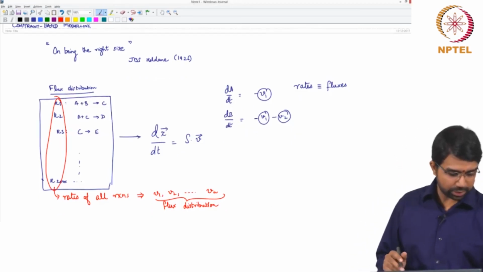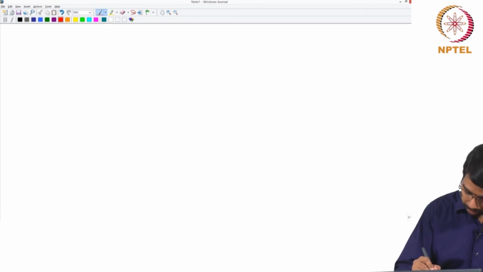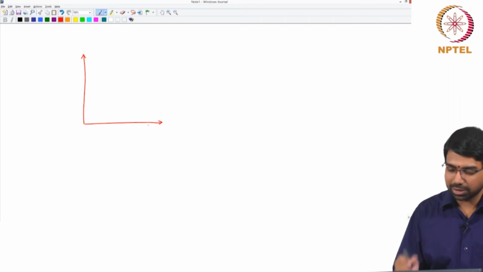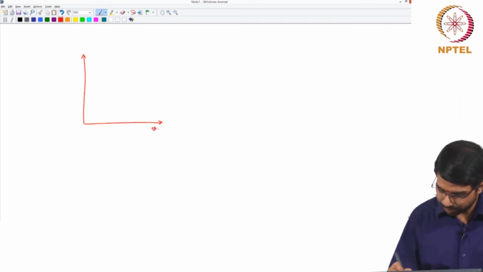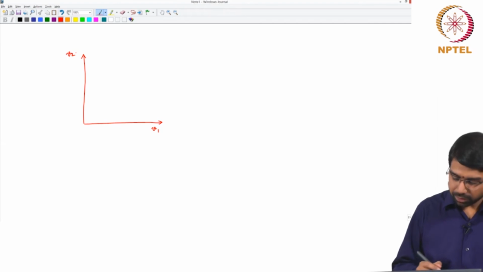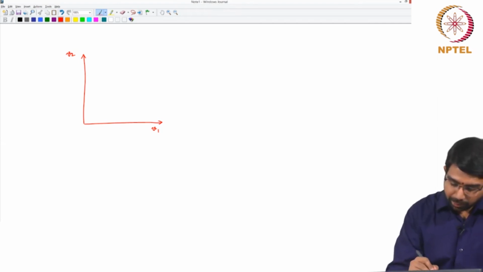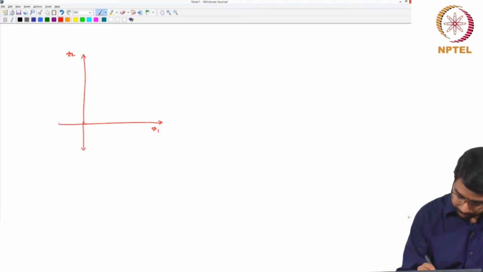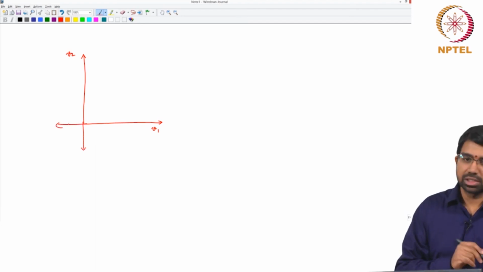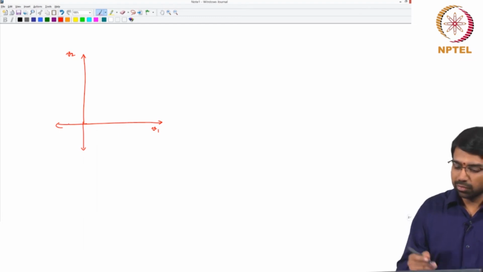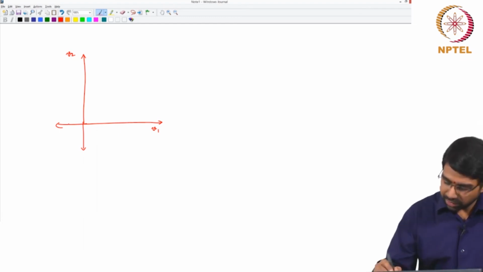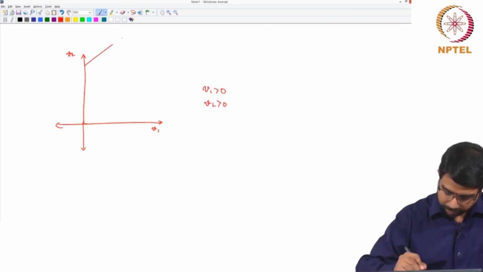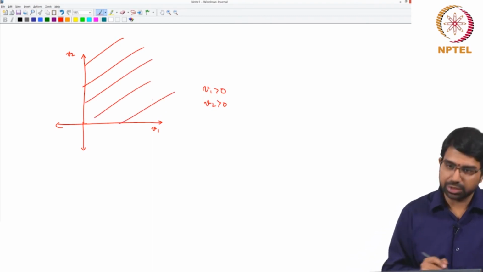So the idea is simple. You may actually be very familiar with something of this sort. I will come back to it in a few slides. Any point in this space is a possible solution for a system with 2 reactions. But now if I say V1 greater than 0, V2 greater than 0, it becomes this region.